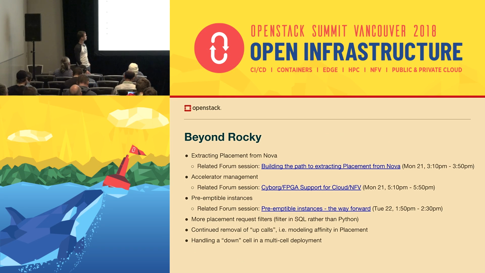Preemptible, so there was the session on Monday too. For those, since they already happened, you can take a look at the Etherpads for those. Preemptible instances. You may have heard about this before. This is the same concept as like a spot instance in AWS. So some people from CERN and other folks are working on figuring out how we could do this in OpenStack.